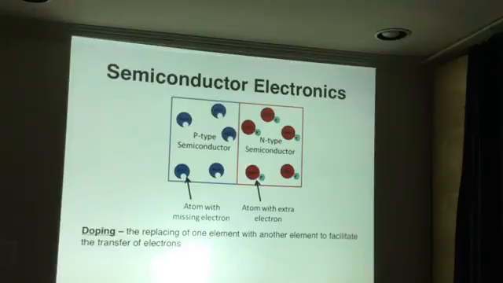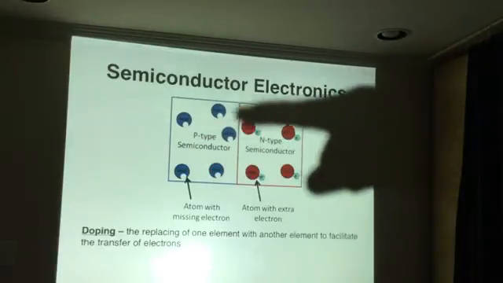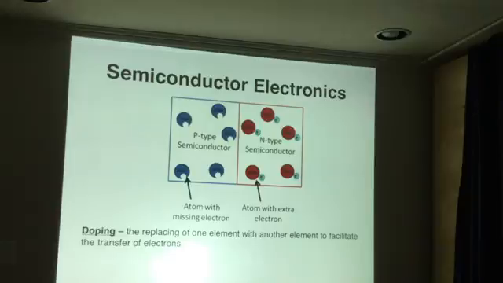This is achieved by replacing one of the elements in a semiconductor with another element to facilitate the transfer of electrons. So in the background, you may have, say, silicon, which has 4 outer electrons. And in a P semiconductor, you'll put an element that has 3 electrons, so it has a hole.